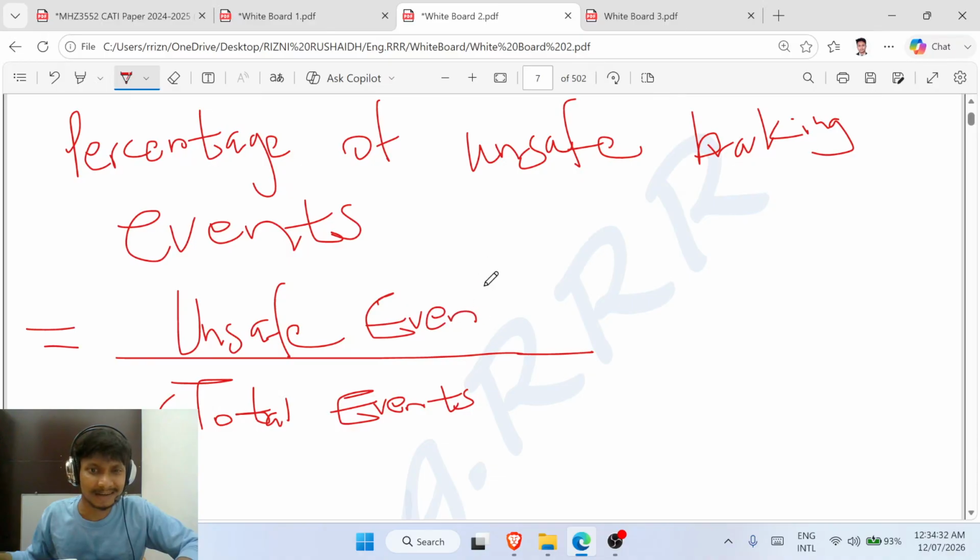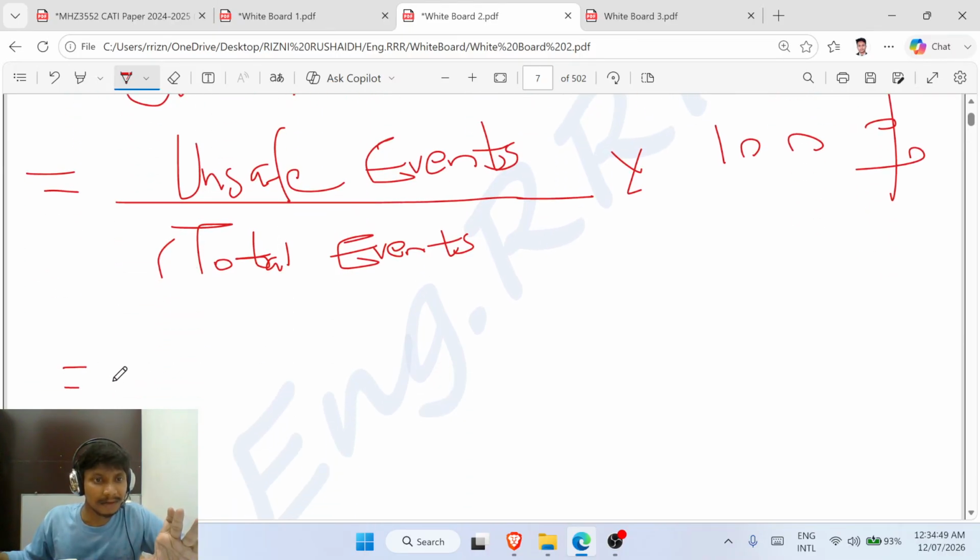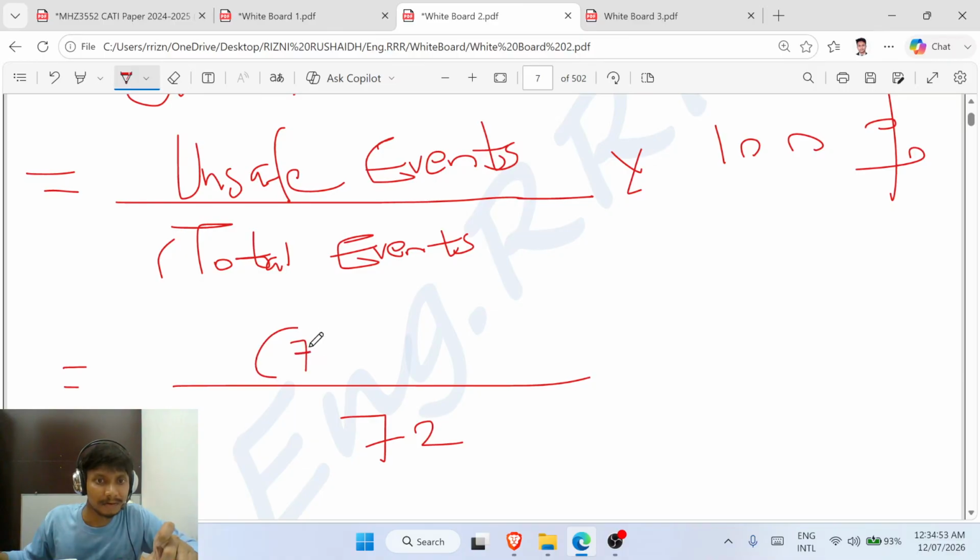You can write this in any way meaningfully, this is just my method. Unsafe events divided by total events, into 100 percentage. What is the total events? 72. Unsafe events is 72 minus 60.